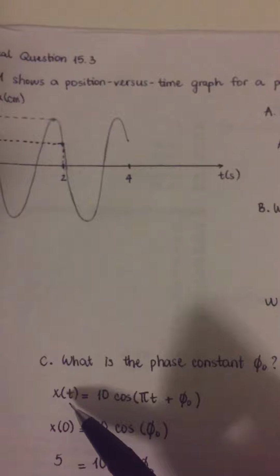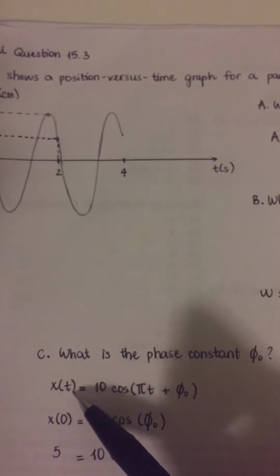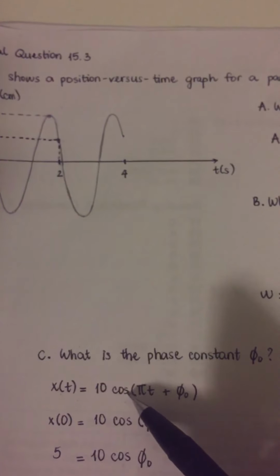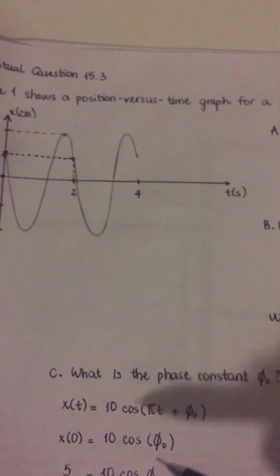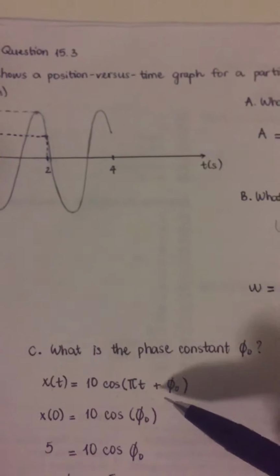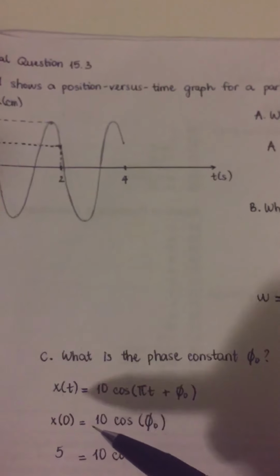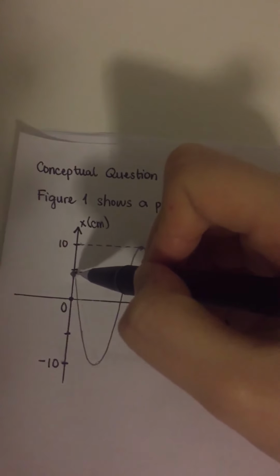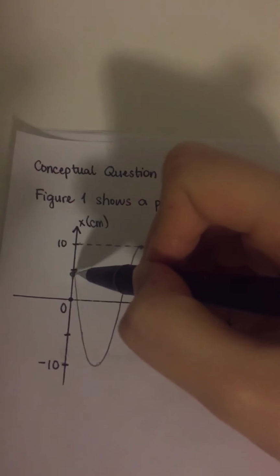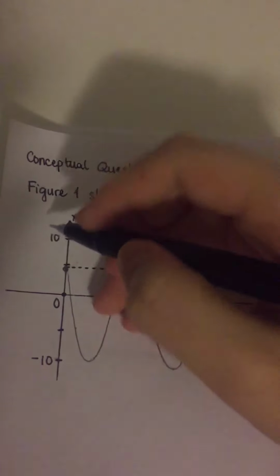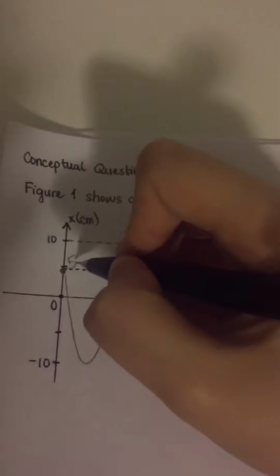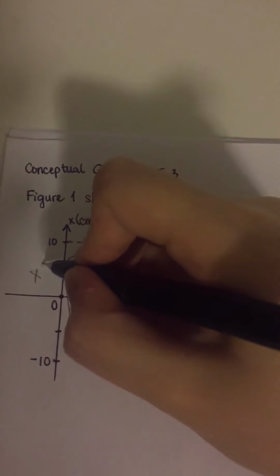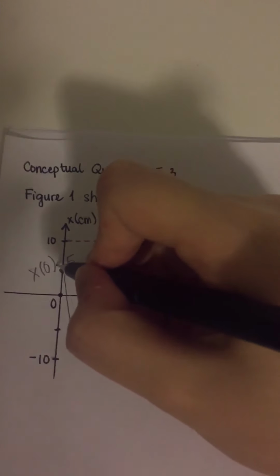We get x of t equals 10 cosine of pi t plus phi naught. To solve for phi naught, I'm going to use our initial position, which is here. We can see that this value x right here is roughly 5. So x of 0 will be 5.